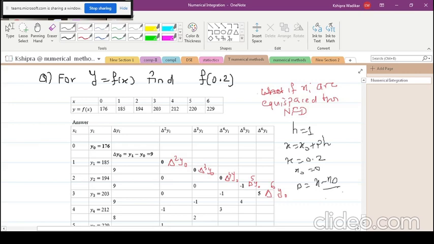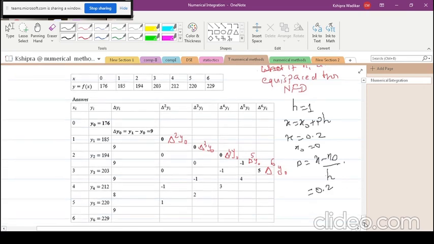That comes out to be 0.2. Substituting these values in the formula for Newton's forward difference interpolation, we will get this value as 177.67.